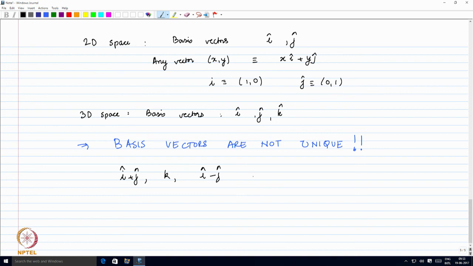So, this is also a valid basis. And you can check that these are linearly independent, and because the dimensionality of the space is 3, in 3D space these will span the entire space. So, the idea of basis vectors and linear independence is actually extremely useful, and what we will see in the next lecture is how this allows us to generalize to vectors of arbitrary dimensions.